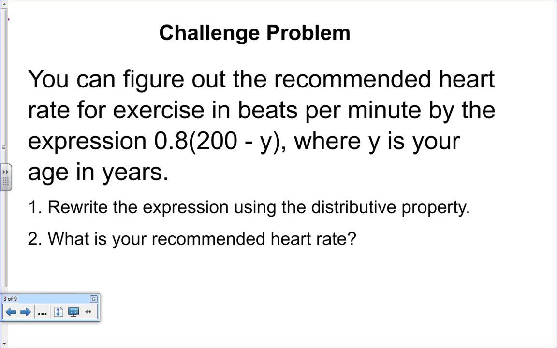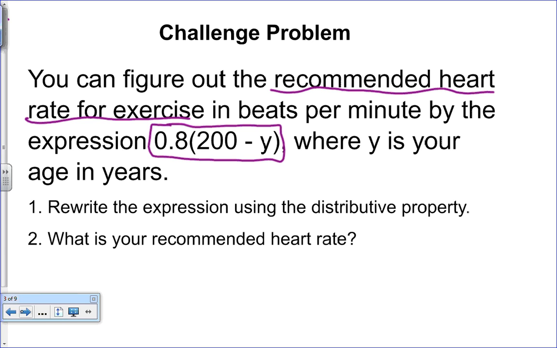So again, this is the recommended heart rate for exercise based on your age. This is your little expression here. What you need to figure out by the end of today is how to rewrite this using the distributive property, and then also what your recommended heart rate would be based on your age. All right, so think about that as we go on in today's lesson.